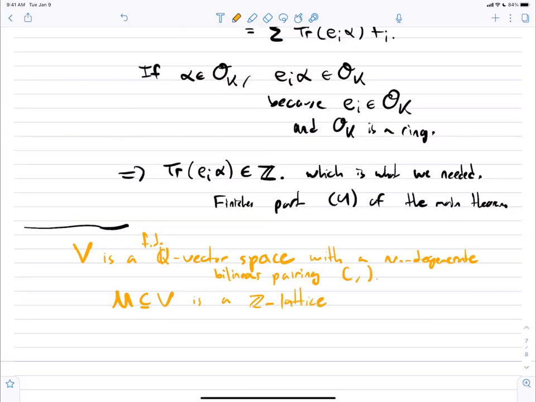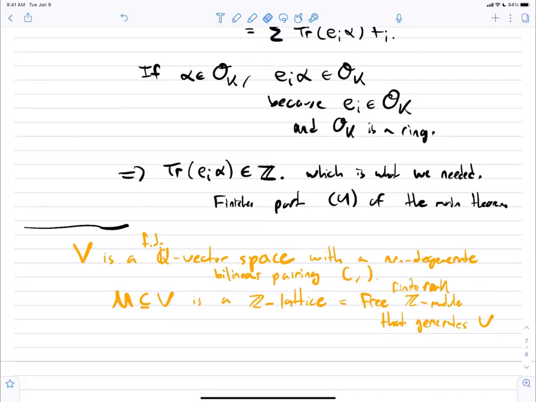This is a free Z-module of finite rank that generates V as a vector space. And again, this is an exercise: it's easy to see that the rank is equal to the dimension of V.